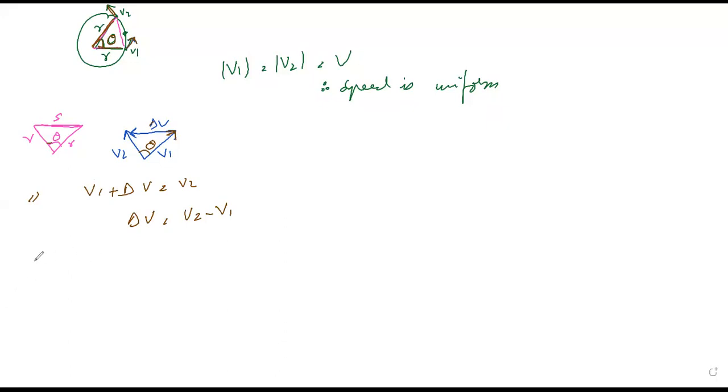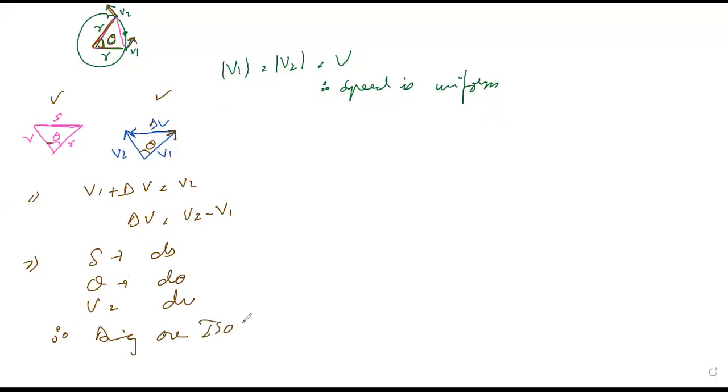If we consider very small displacement, s would change to ds, theta would change to d theta, and velocity v would change to dv. Also, since both triangles are isosceles, their congruent sides would be equal.